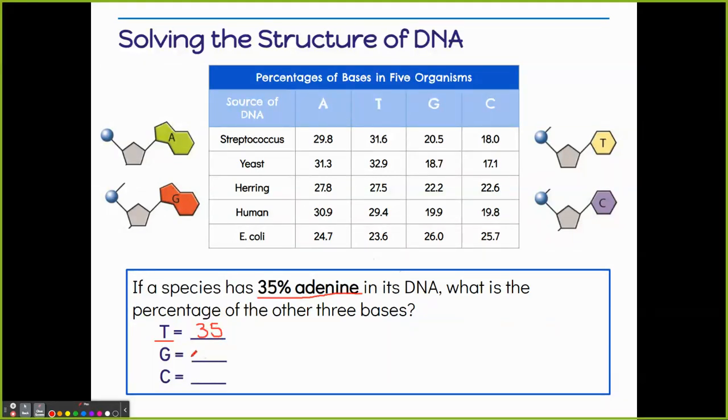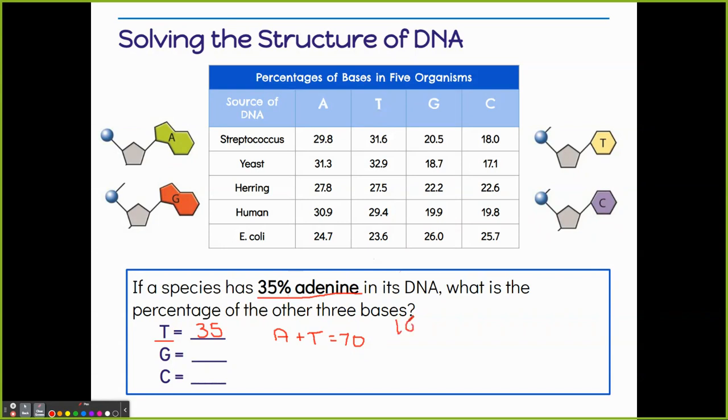All right, so now I need to figure out my C and G, and to do this, I'm going to need a little bit of math. First things first, I'm going to add up my A and T. A is 35, T is 35, so my A plus my T is 70, right? 35 plus 35 is 70. And when we're talking about a percent, it always means out of 100.